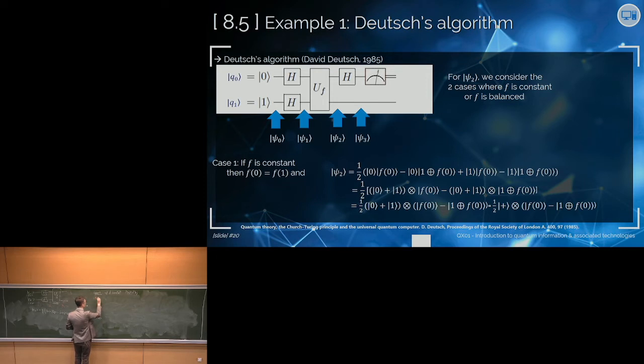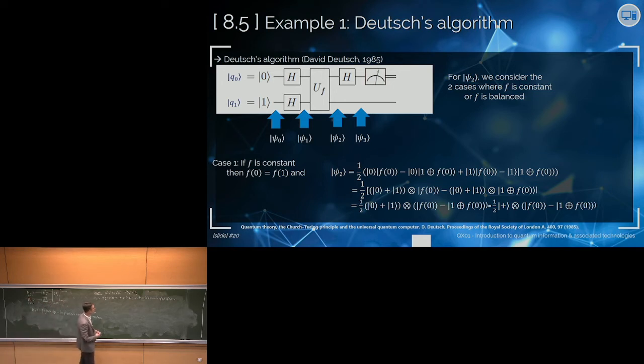So I've got psi 2 equals 1/2 of 0 f0 minus 0 of 1 plus f0, plus 1 of f0 and minus 1 of 1 plus f0. All I did is set f1 to f0 because this is equal.